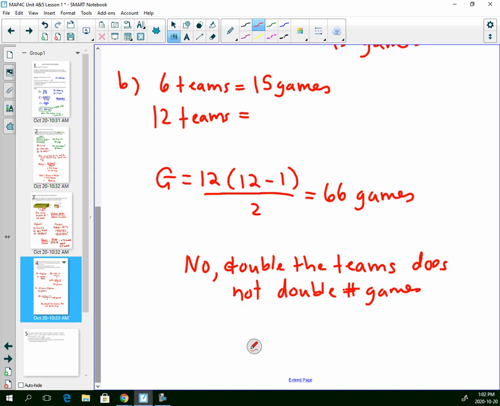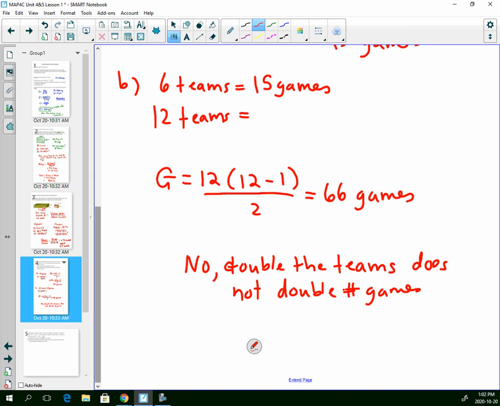And there's my proof. Because when I doubled teams, I would expect 30 games if it was correct, but I got 66. The other thing I could do is 3 teams, right? And see if I had 7.5 games, which obviously can't have half a game, but it would support the argument going the other way as well.